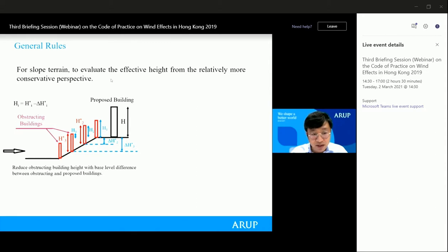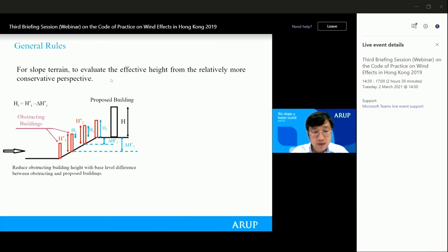It is located on top of the hill, and in front of the target building there are several obstructing buildings. The wind is blowing from the bottom to the top of the hill. For this, we can have two considerations. One is to assume the wind blows in a direction parallel to the hill slope.